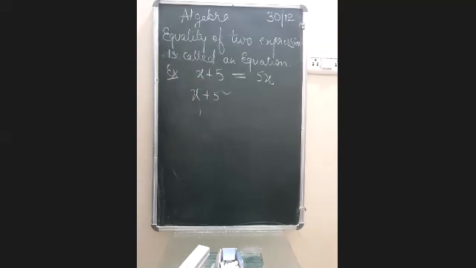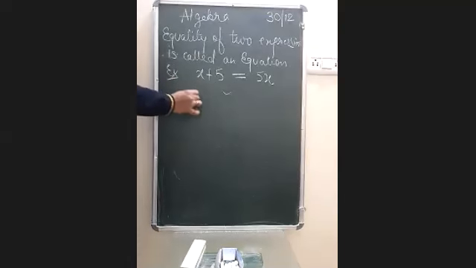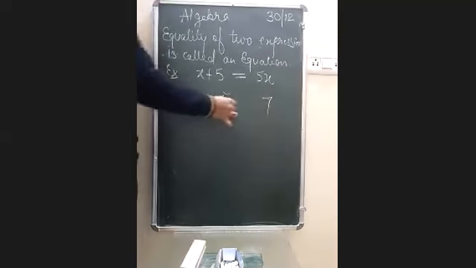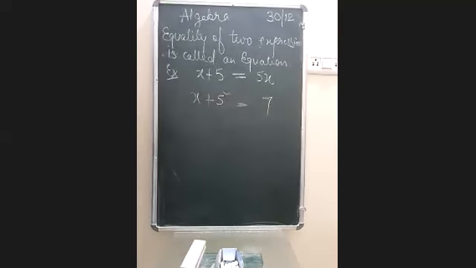How can you tell that it is wrong? One is x plus 5 and the second is 5 into x. Now for example, if I write x plus 5 on one side and 7 on the other, and tell that they are equal, then it again becomes an equation.